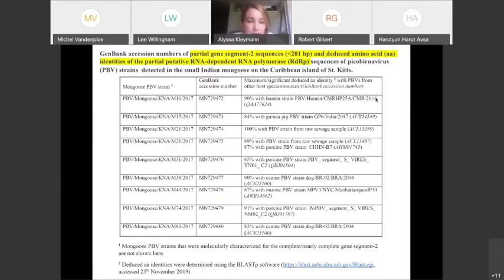So here you will see the analysis of the strains that were just characterized for the 201 base pairs, and it shows the percent identities between themselves at 65 to 100%, and that with other PBVs at 49 to 100%.